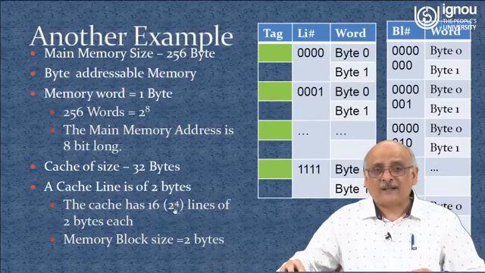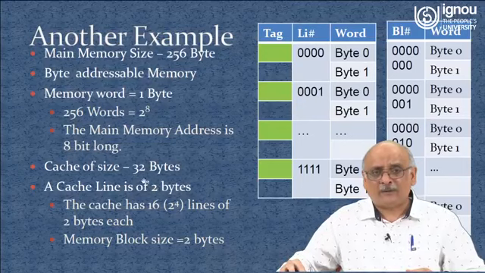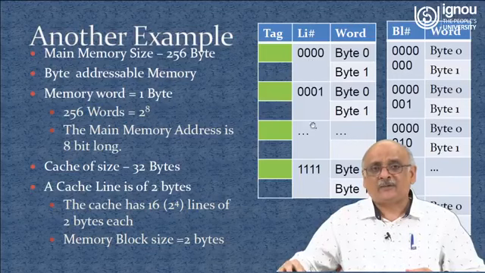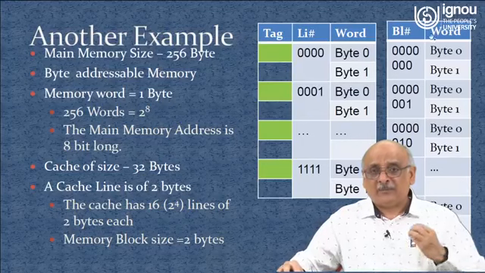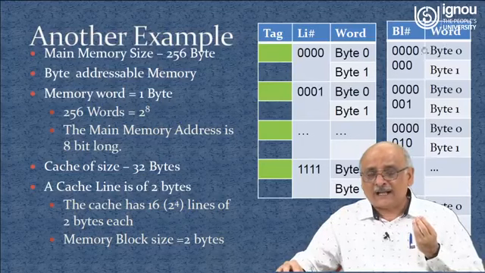So what is the length of this particular line address? 32 divided by 2 happens to be 16. So there are 16 lines of 2 bytes each. You can say from all zeros till all ones, so 0 to 15. So we have 16 lines and there is a tag associated. So this is how we have converted the main memory in terms of blocks.